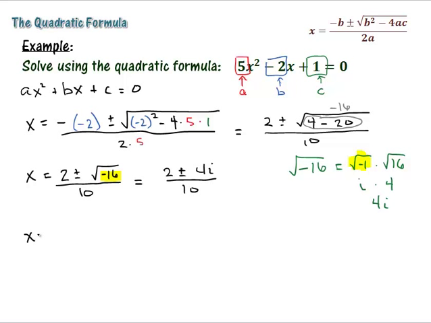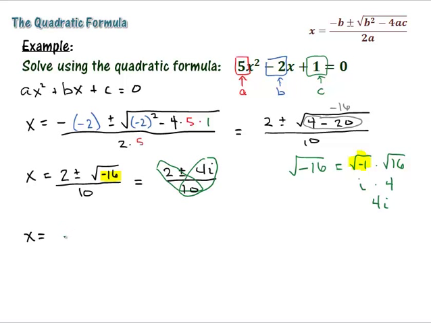Alright, and let's simplify it just a little bit more. Now, we have a property in math that says if I have two things added together or subtracted in the numerator over one denominator, I'll write them both as fractions. So I can write that, and I can write that.